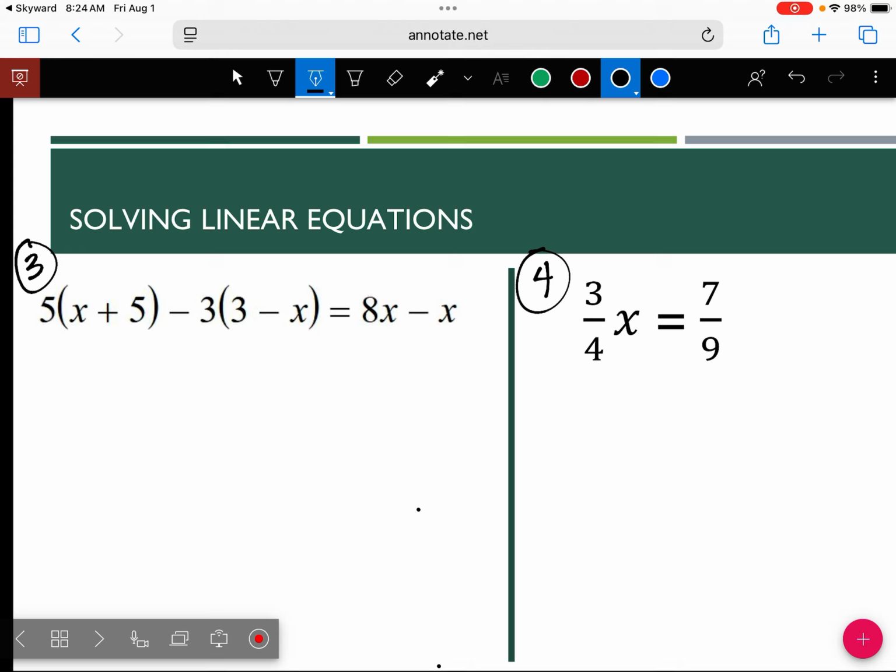Now, this question I don't know the answer to, so we're working this one together.